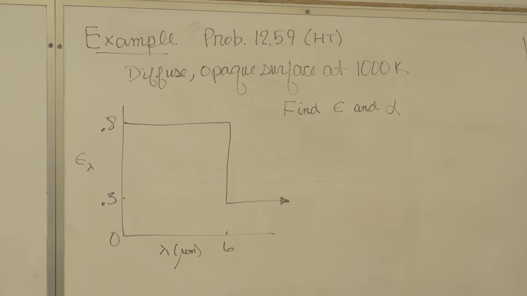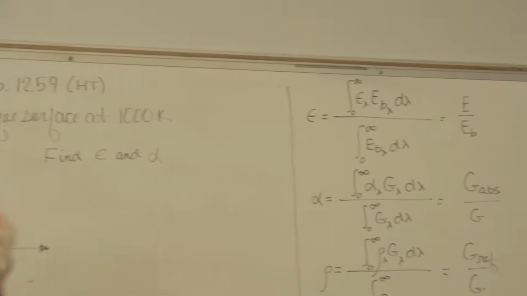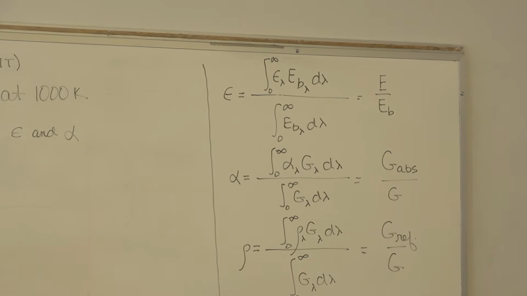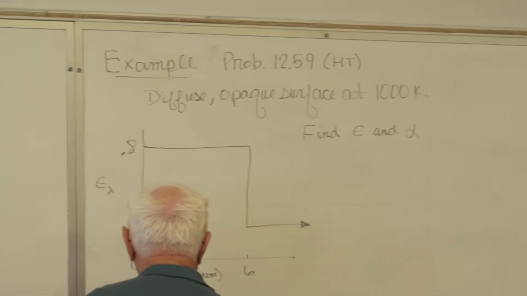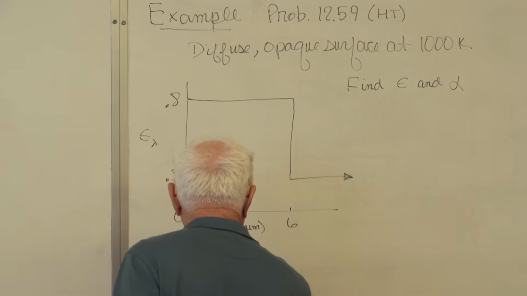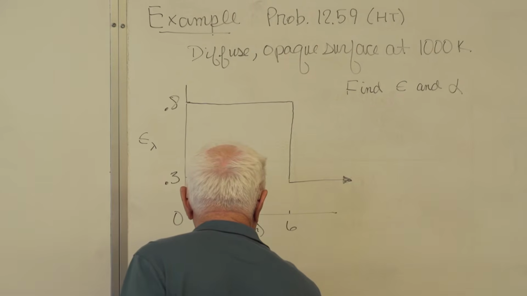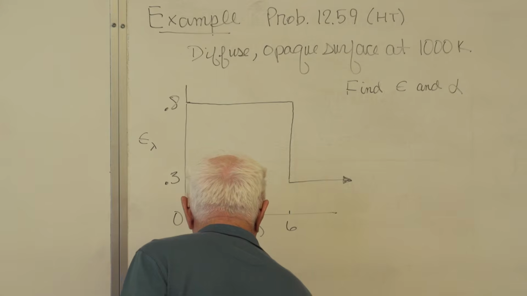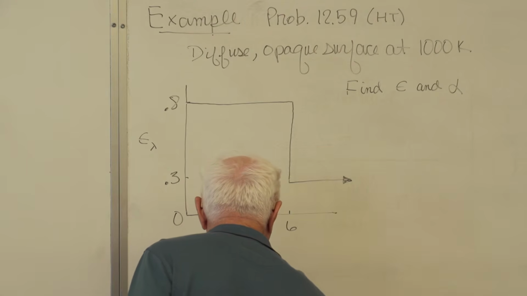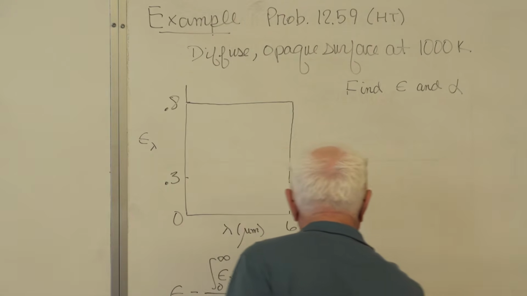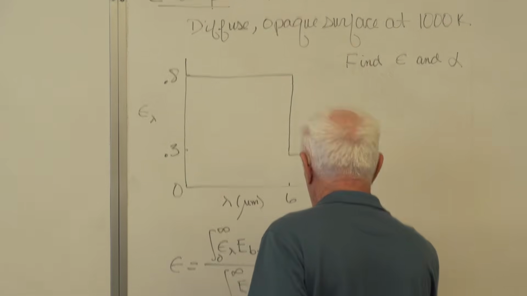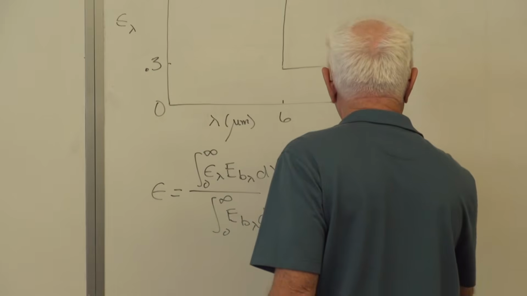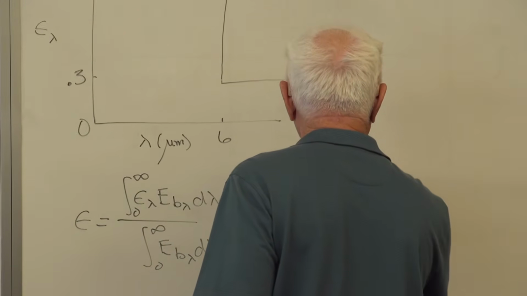There's the equation, top equation. Epsilon equals the integral 0 to infinity, divided by integral 0 to 6 plus integral 6 to infinity.